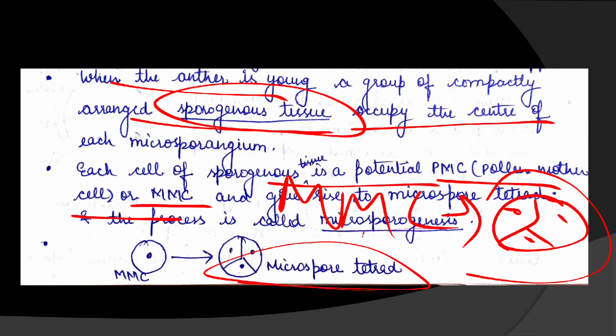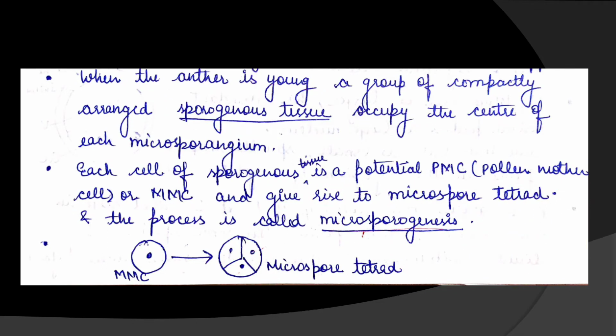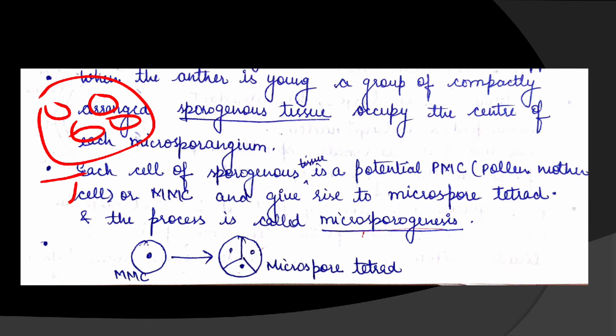Now this shape is very common and is known as tetrahedral shape, and there is also the isobilateral shape. These two shapes are very common if we talk about microspore arrangement. This is the tetrahedral and this is isobilateral.